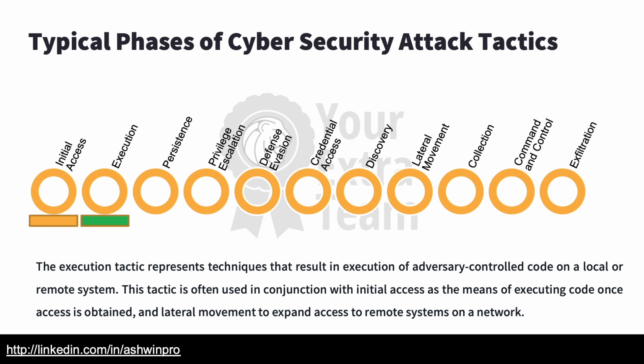Once I have the initial access, I try to execute certain code on your local system or maybe on a remote system. This could be done in conjunction with the initial access, which means immediately once I have access to the system, I will probably try to execute some code.